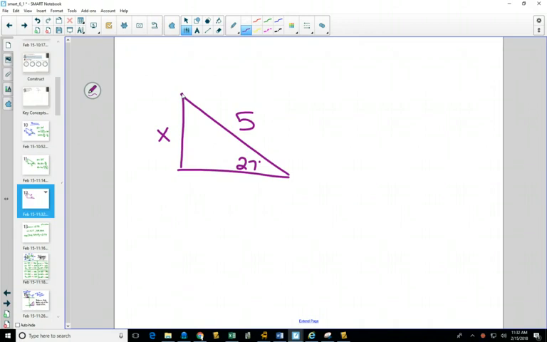How do you solve for that? You'd have to use your calculator. How would you set it up? Would you use sine, cos, or tan?